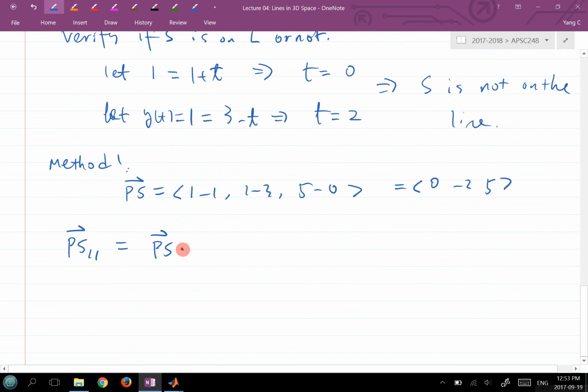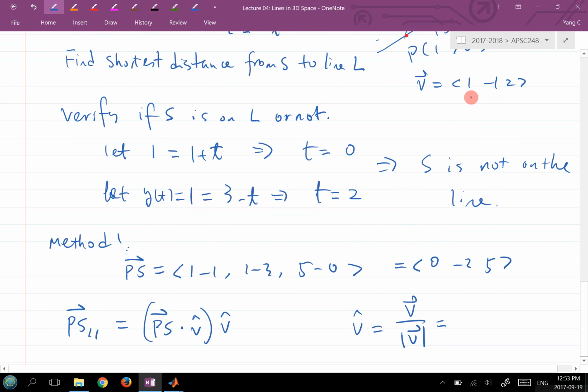You use the vector dot, not the parallel vector, but the unit vector in the parallel vector direction. So I use V hat here for the dot product, times the direction V hat. Of course, what's V hat? V hat is a normalized V. V was already derived from the given line equation, which is (1, -1, 2), divided by its length, which is √6. So that's your V hat.